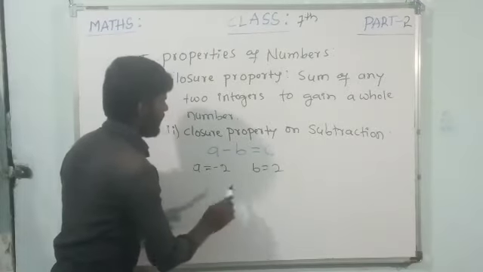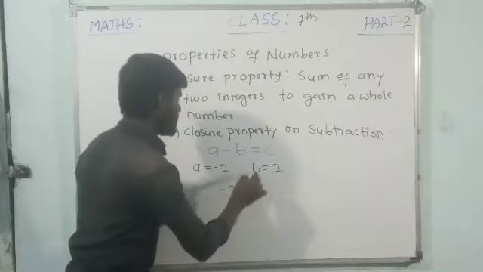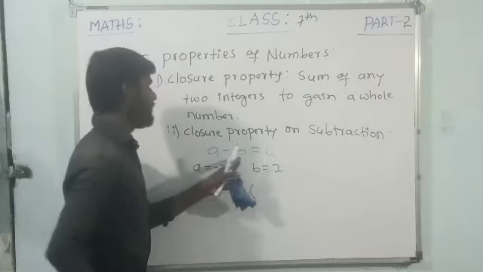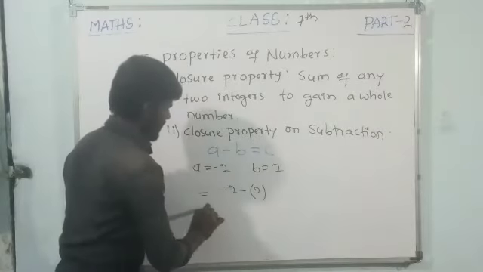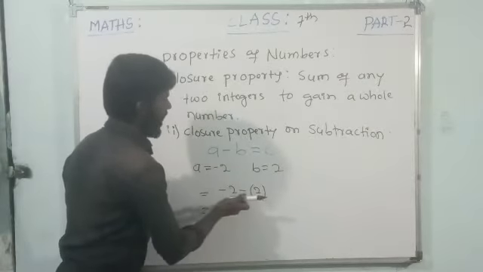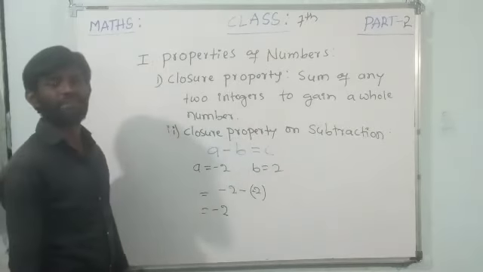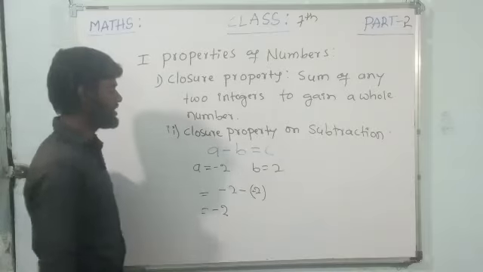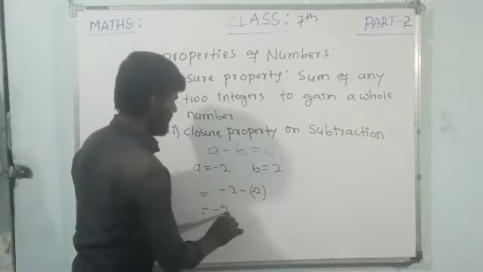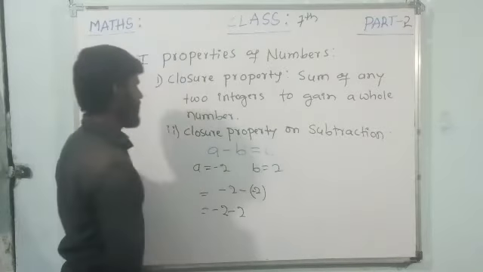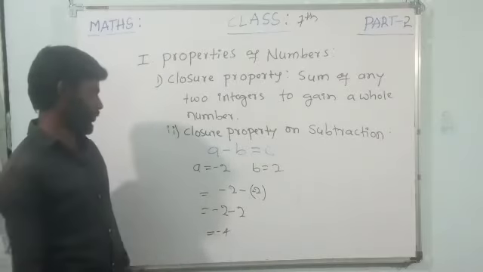In place of a I will keep minus 2, then minus, and in place of b I want to keep 2. Here minus 2, then minus into plus, any number that does not have any symbol is understood to be positive. Minus into plus is minus, so you get minus 4.